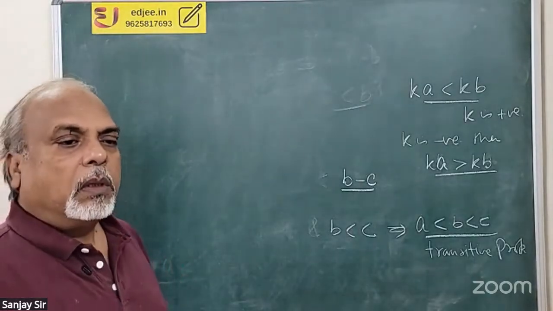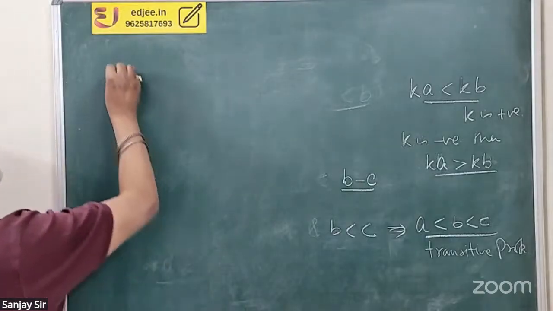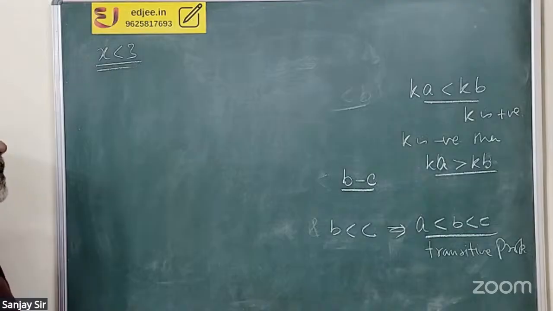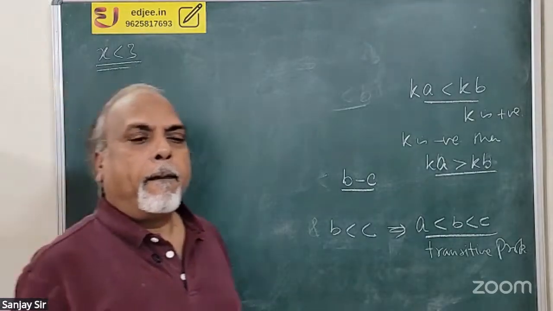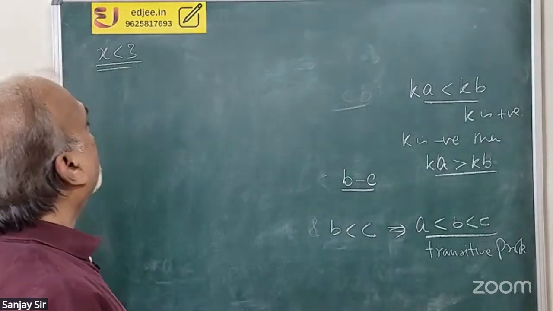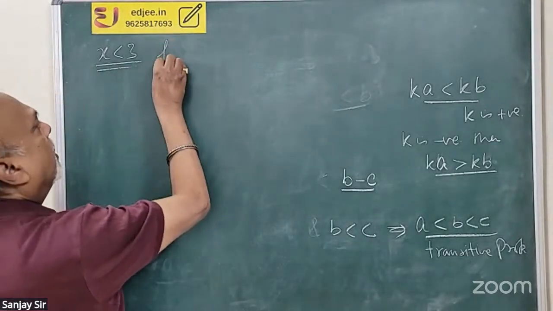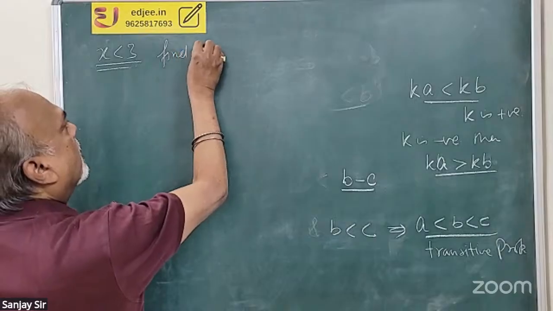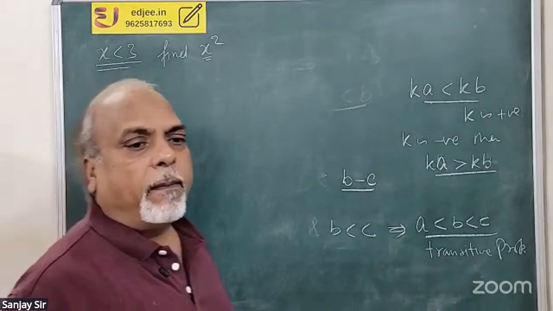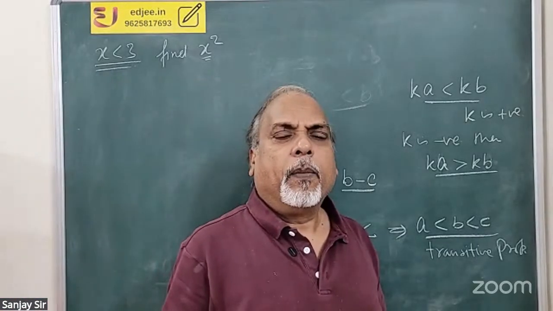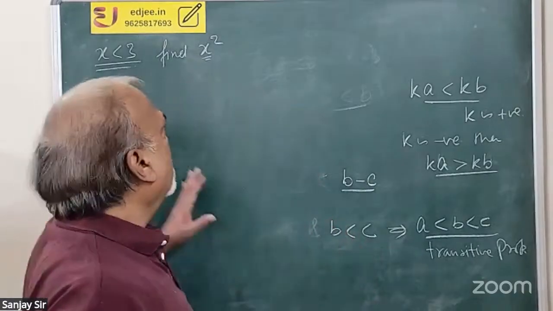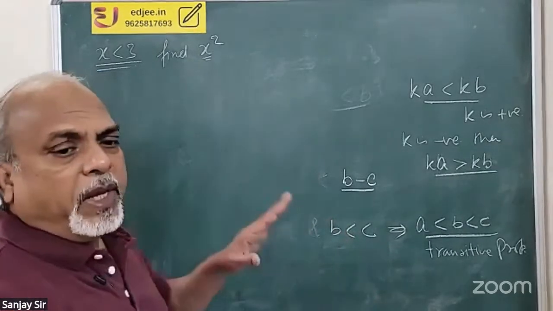Suppose x is such that x is less than 3, then find the value of x square. Correct? X is less than 3 means what?